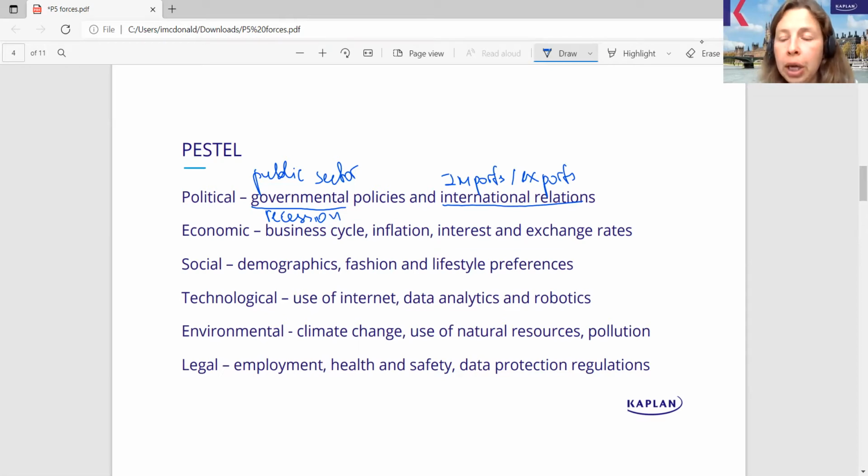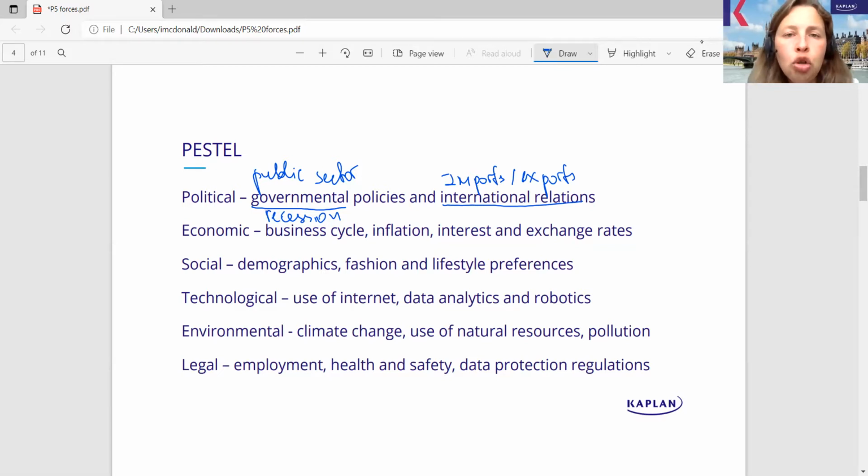So during recession, we know that the environment becomes more difficult for an organization. It's much harder for business to generate revenue because during recession, consumer spending falls, there will be fewer opportunities to make a sale. It's going to be harder to make that profit.